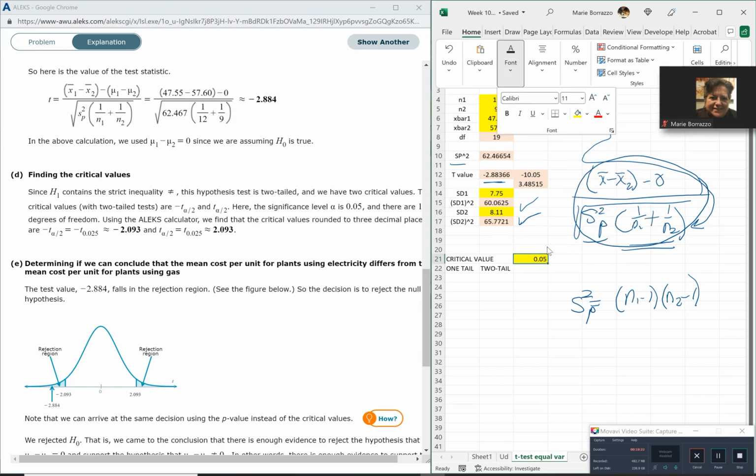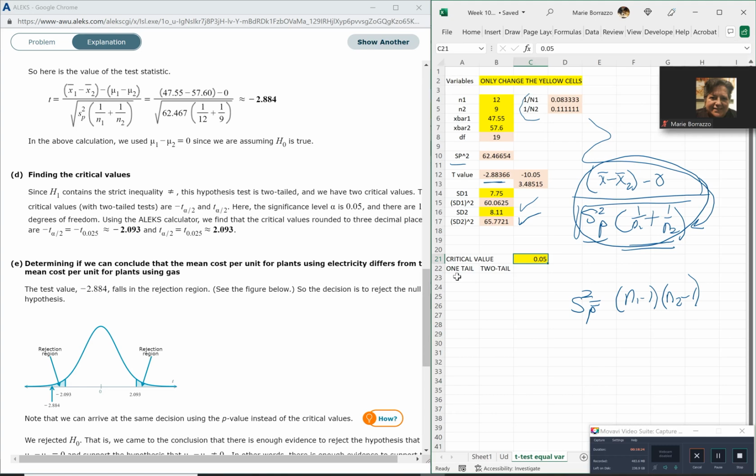In this case, our 1 tail will be equal to that number. Our 2 tail will be equal to that number divided by 2, 0.025, which in this case is a 2 tail because they're asking us for difference versus the same.